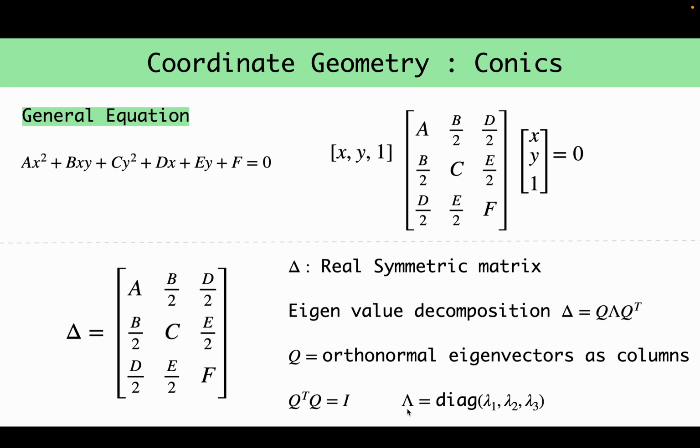So this lambda will be a diagonal matrix with eigenvalues occupying the diagonal positions. So there is a very good linear algebra interpretation when you decompose this delta into q lambda q transpose.